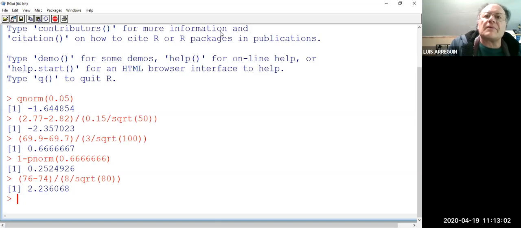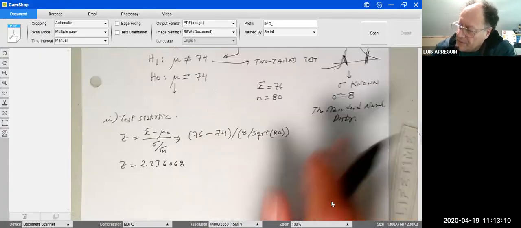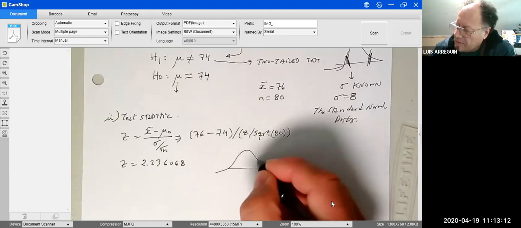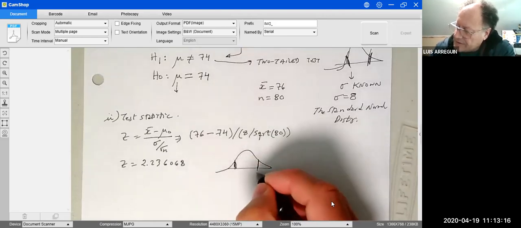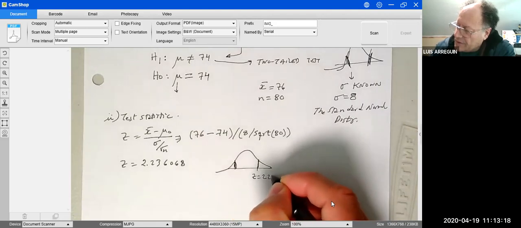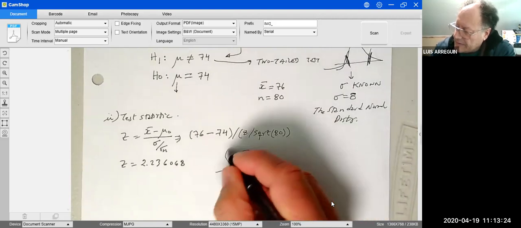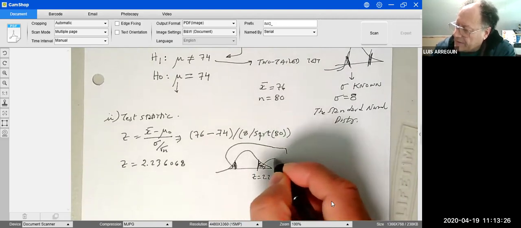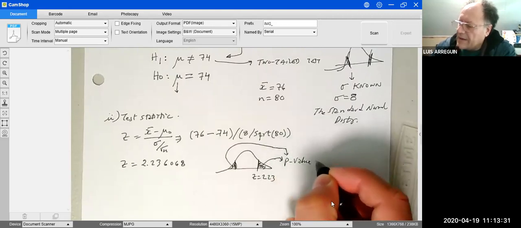So to compute the p-value, we're going to be careful. We have here our z-score, 2.23. These two areas together are going to be my p-value.